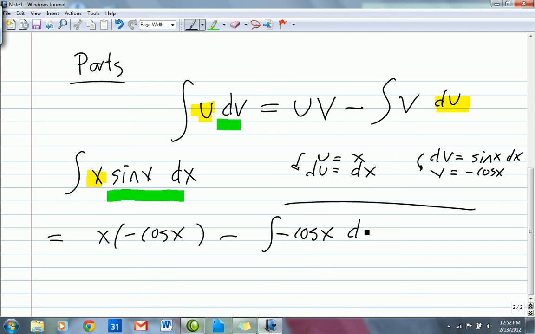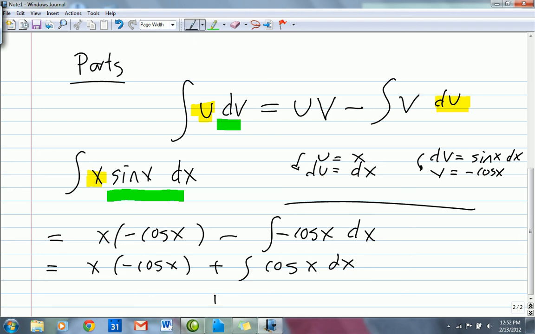And du is just dx. Now I'm going to take this negative sign and pull it out, plus cosine x dx. Now I have an integral which I can integrate. That's easily integrable, for lack of a better expression.